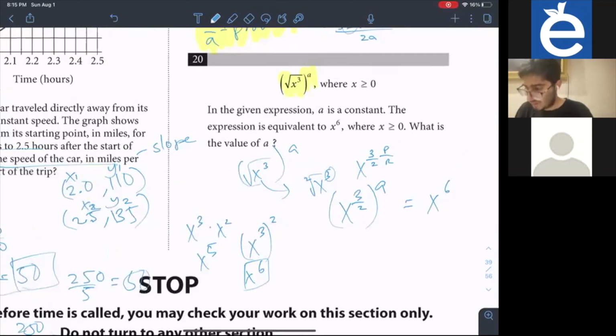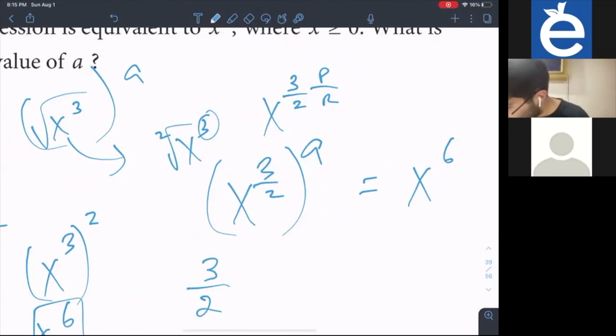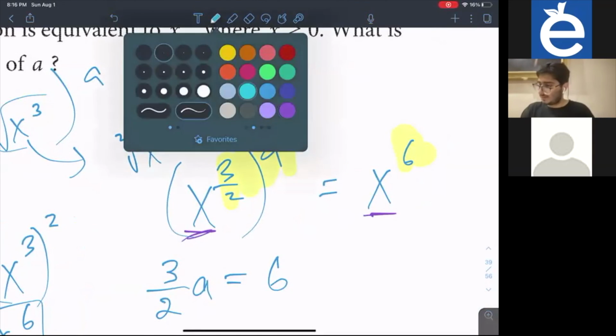Since x to the 3 over 2 is being raised to the a, it means that 3 over 2 times a is equal to 6. You don't have to focus on the x's, because they're basically the same.